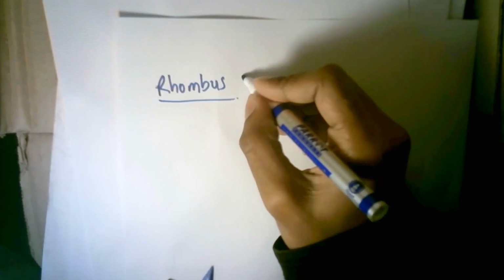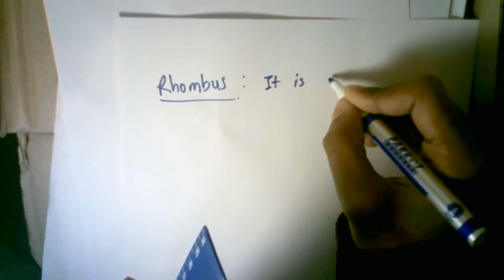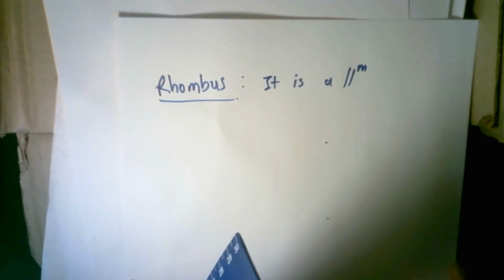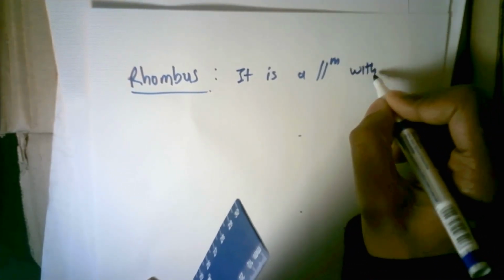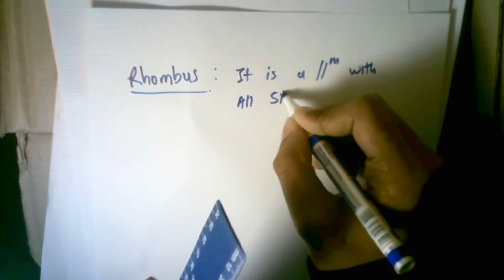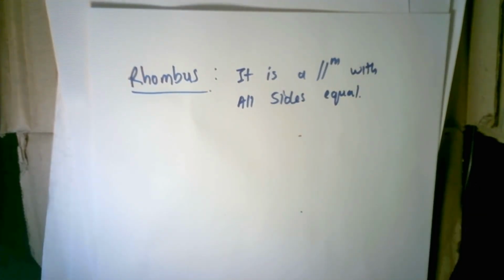So a parallelogram, so a rectangle, it is a parallelogram. I'm going to use this form to show you a parallelogram with all sides equal. So that being said, a square is a rhombus, but a rhombus is not a square, right?